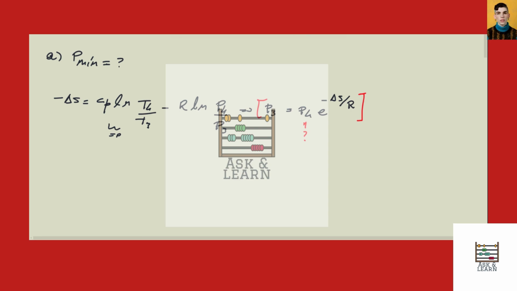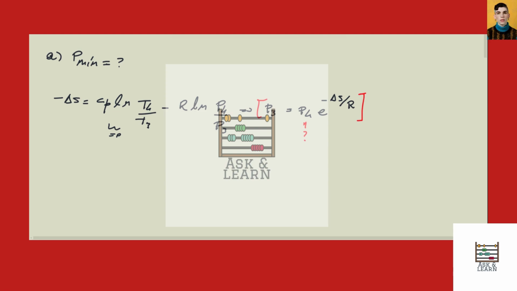Let's think about the net work, okay? Before we think about the net work, we want to find the pressure 4. That is correct. So, what equation can we solve that involves the pressure 4?